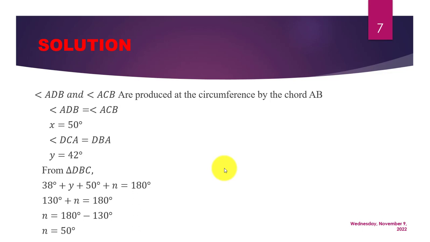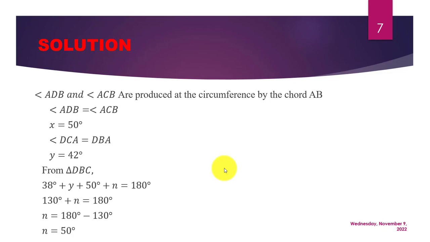From triangle DBC, we have learned that the sum of interior angles in a triangle is 180 degrees. Thus, 38 degrees plus y plus 50 degrees plus n will give us 180 degrees.